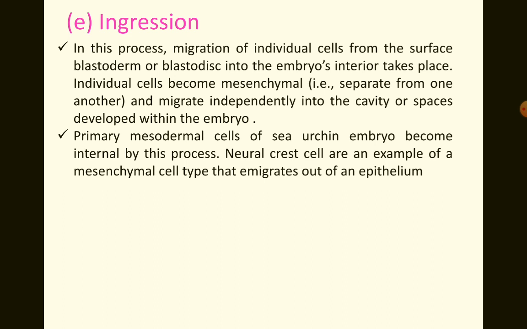The primary mesodermal cells of the sea urchin embryo become internal by this process, and the most common example of ingression is seen with the neural crest cells, which become mesenchymal and emigrate out of an epithelium.